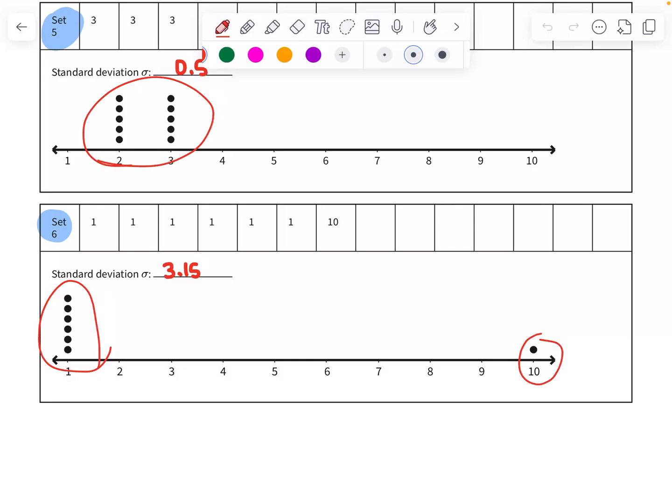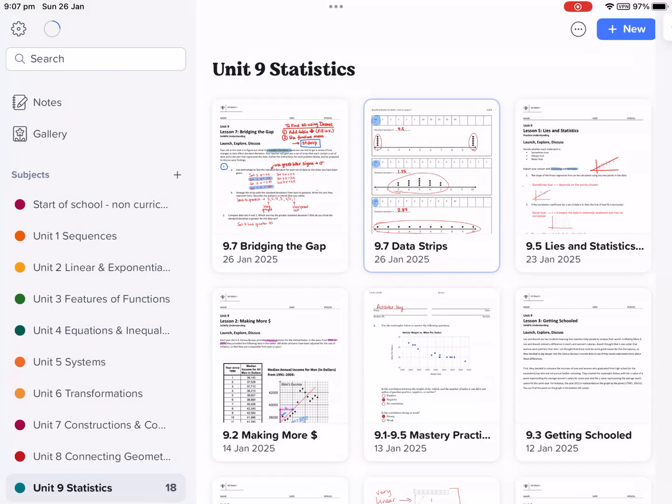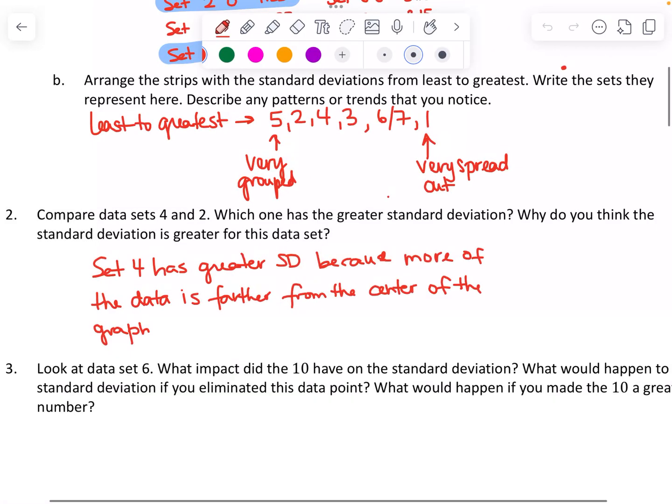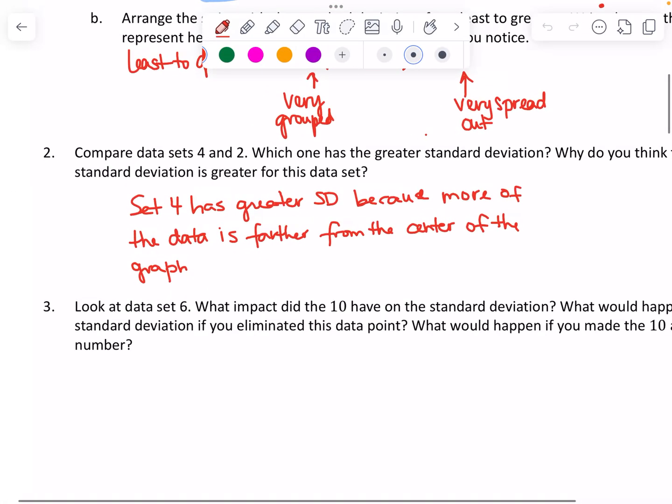I talked earlier about it's kind of acting as an outlier, right? So let's kind of list a few things about that set. So, okay, the 10 made the standard deviation bigger, okay, or greater.